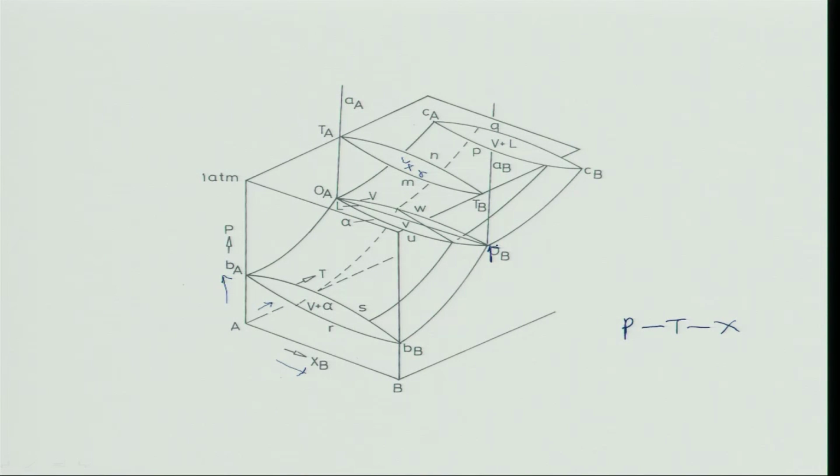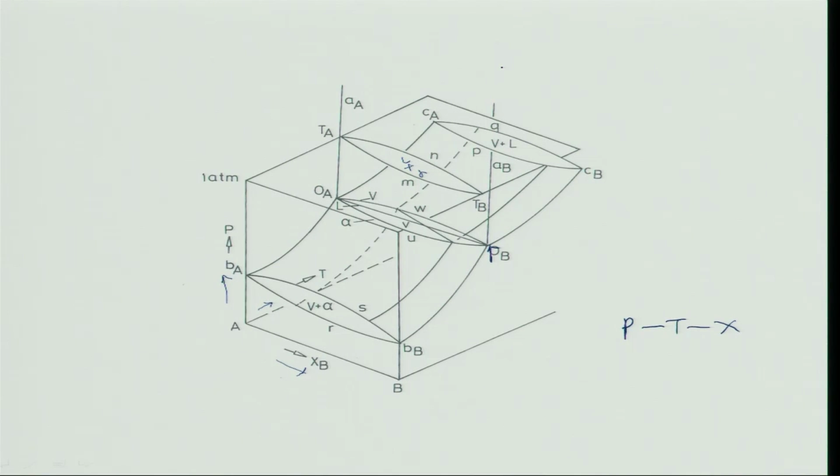And the two-phase equilibria, meaning two phases coexisting, exist in these lenticular regions like vapor plus alpha, or liquid plus alpha, or vapor plus liquid, where V is the vapor, L is the liquid, and alpha is the solid phase. We can then connect them with different curves, like here from OA, it goes above like that. Similarly along B, it goes up from OB. That is the way we can represent the different phase equilibria in a three-dimensional plot.